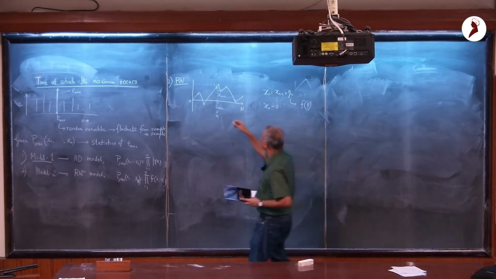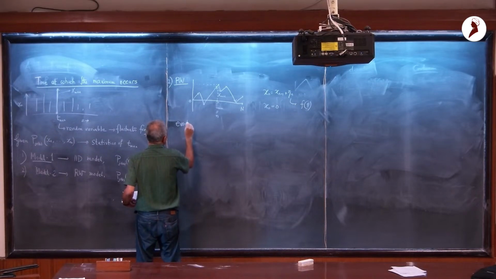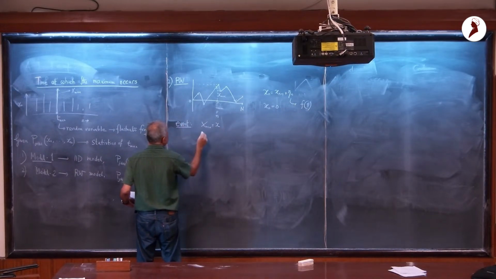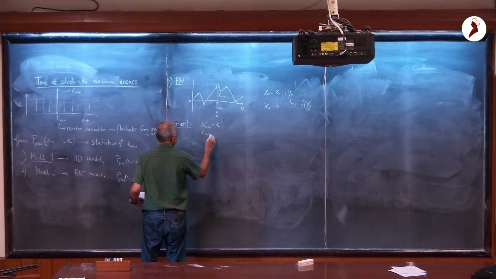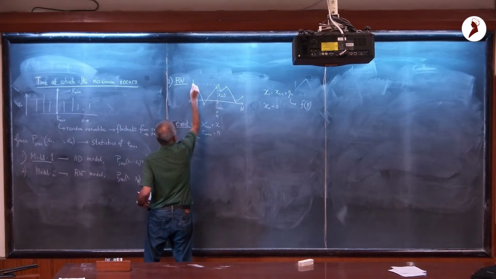Just for simplicity of notation, I call it x, and Tmax, I call it n. So I'm asking for the probability of this event, x max equal to x.